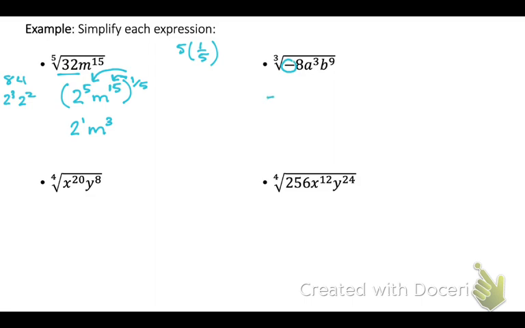Could I just put -1 times 8? So 8 would be 2 to the third times a to the third times b to the ninth, all to the 1/3.